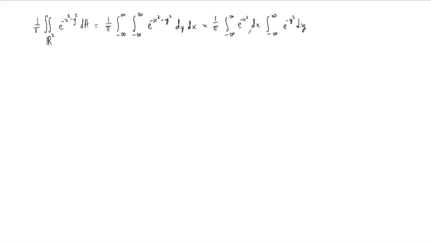This is separable, and in some ways this might look better, except this integral we've seen before. There's no simple function antiderivative of e to the minus x squared, so we actually don't know how to compute this other than to do an approximate integration, a Riemann sum type argument. We want to know the exact answer here, right? We want to show that this whole thing becomes 1, so this is maybe not the best way to do this.